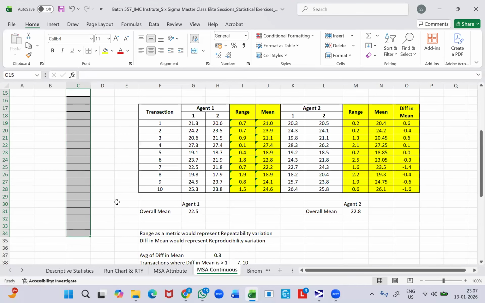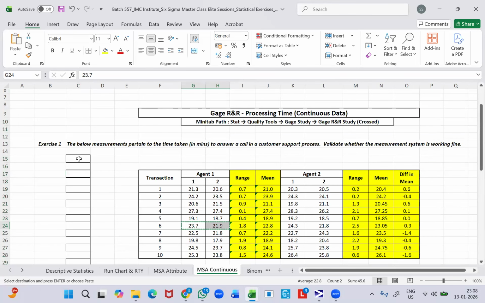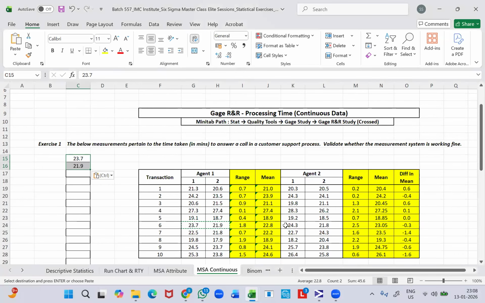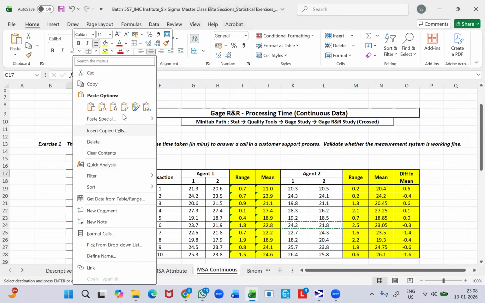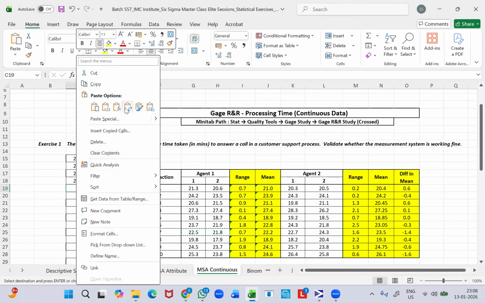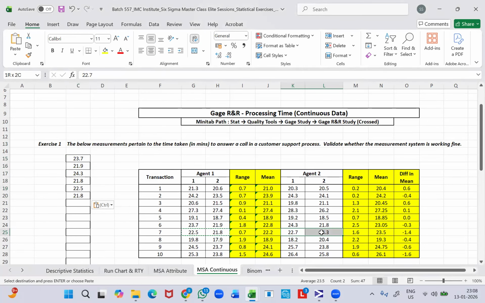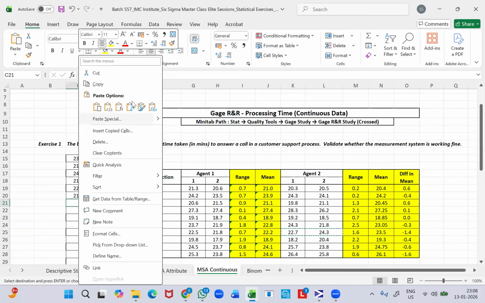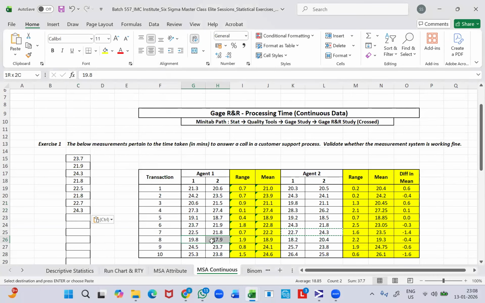So let me just erase this and I will continue from the 6th transaction. And then the 7th transaction. Then the 8th transaction.